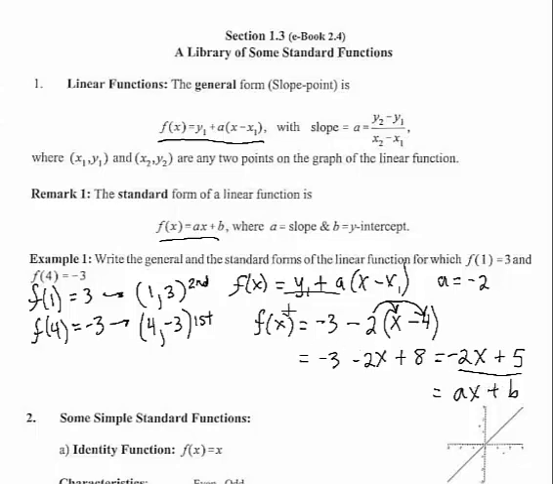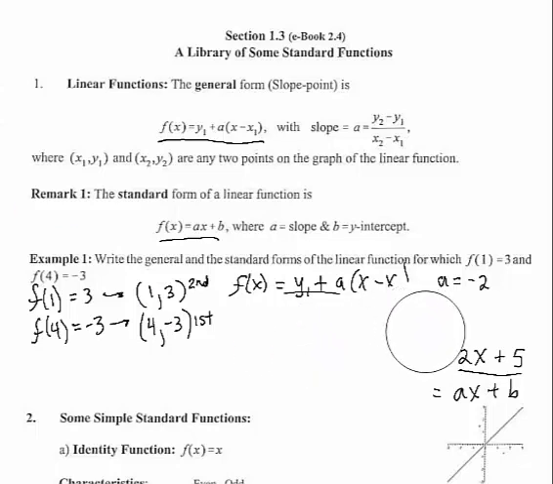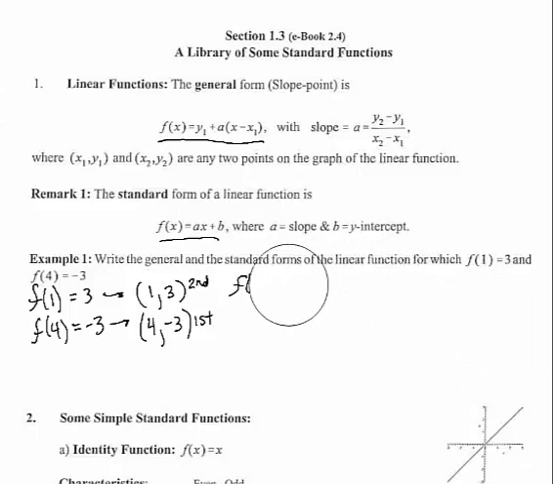Okay, so we're going to go about this a different way. Starting with the slope-intercept form, f of x equals ax plus b. Alright, I've already calculated my slope.